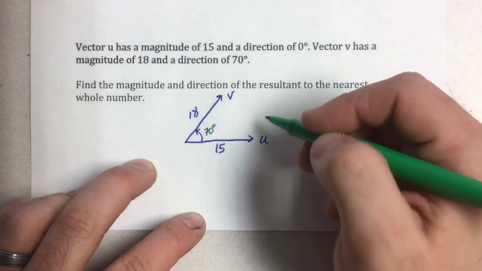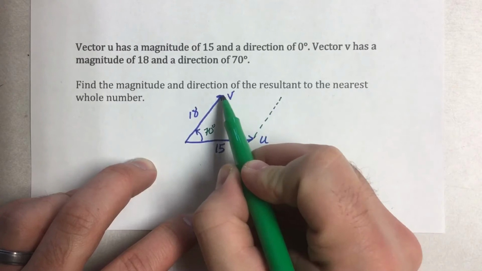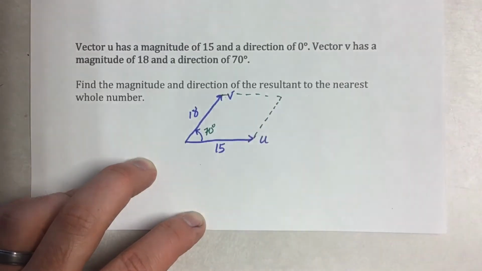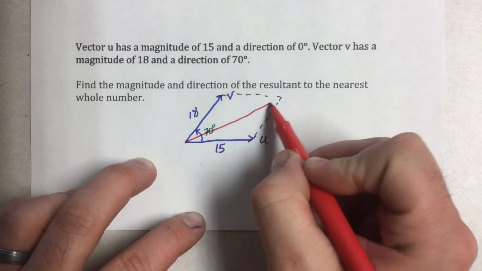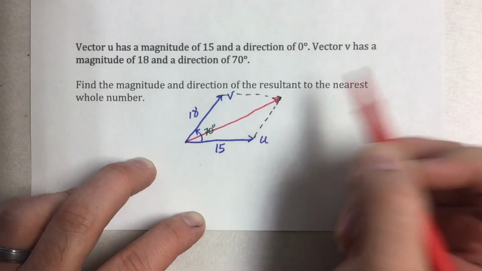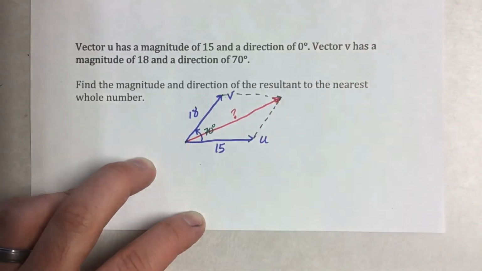So what we can do is make our parallelogram. And we desire to know, first of all, this length. That's the resultant.